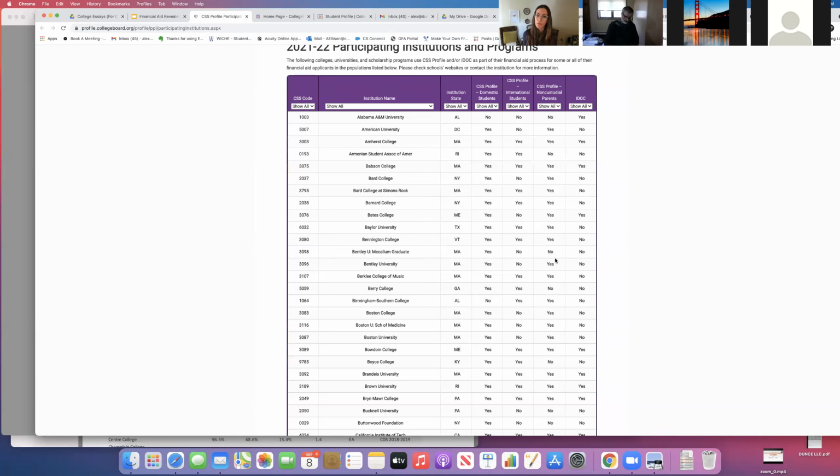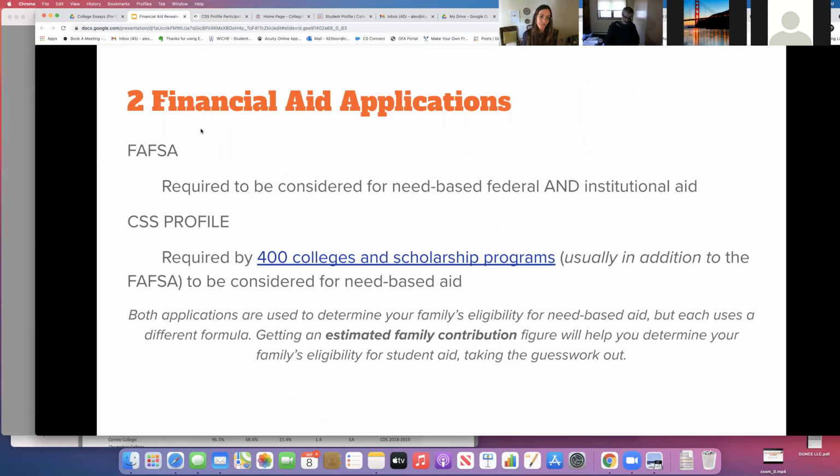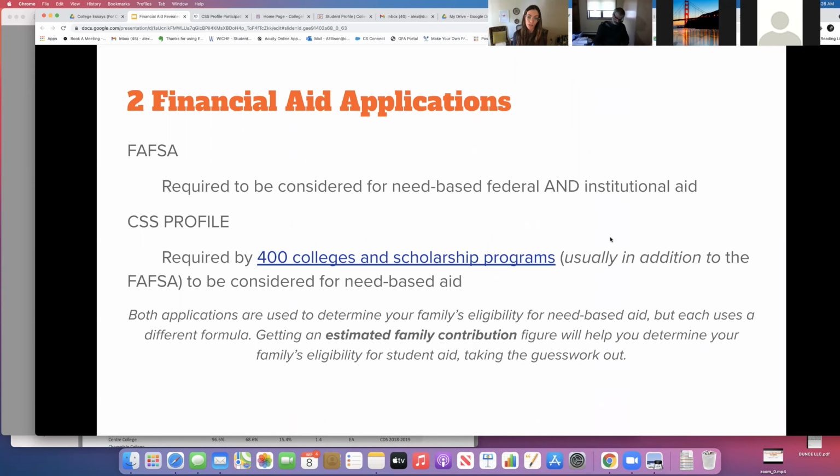What else did I want to say about the CSS Profile? Well, I'll get to more in a second here. So both applications are used to determine your EFC, your estimated family contribution, but each uses a slightly different formula. So when you did the FAFSA forecaster, that was only using the federal formula, right? Because it's just looking at what your EFC would be based on the FAFSA.